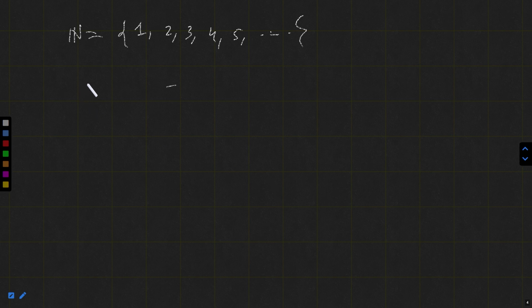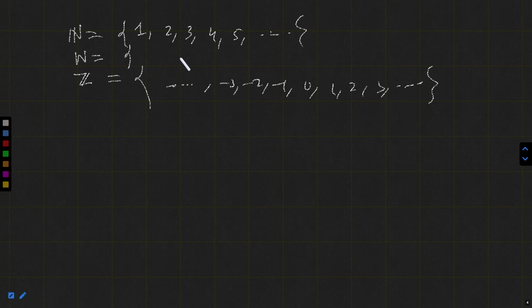And we also studied what are integers. The set of integers is the set of ... -3, -2, -1, 0, 1, 2, 3 and so on. Whole numbers are natural numbers including 0. The set of whole numbers is denoted by W, and this is equal to 0, 1, 2, 3, 4, 5 and so on.